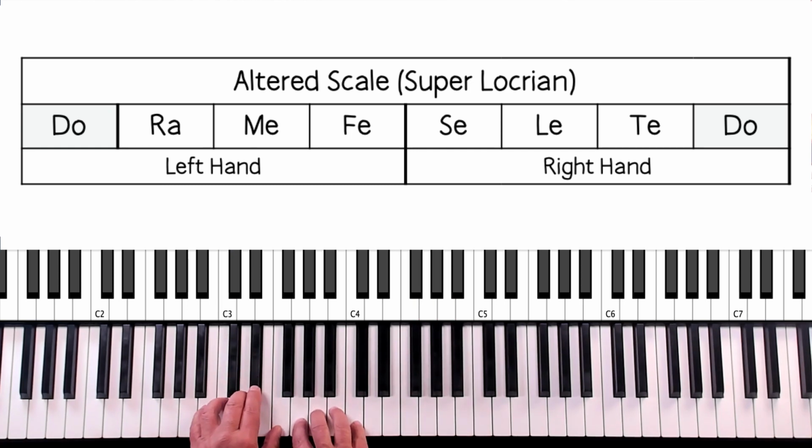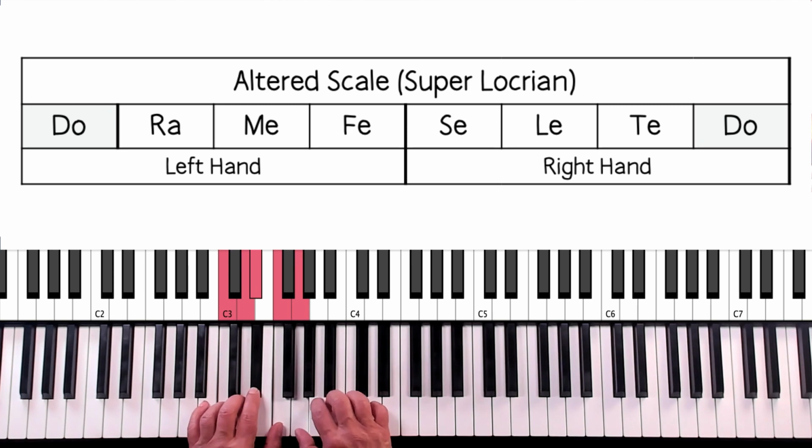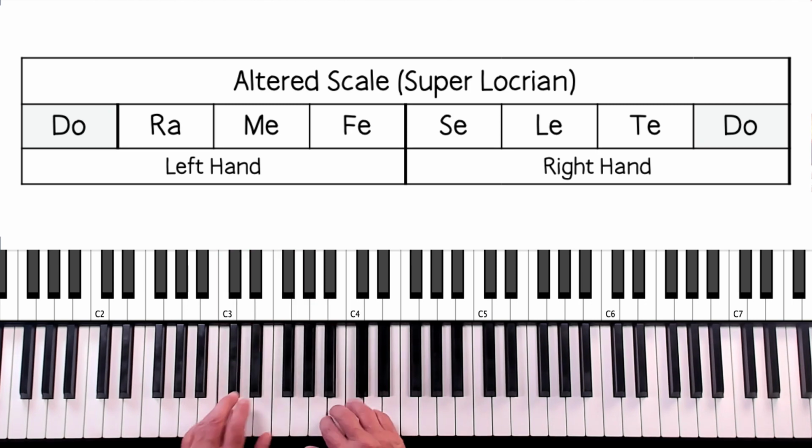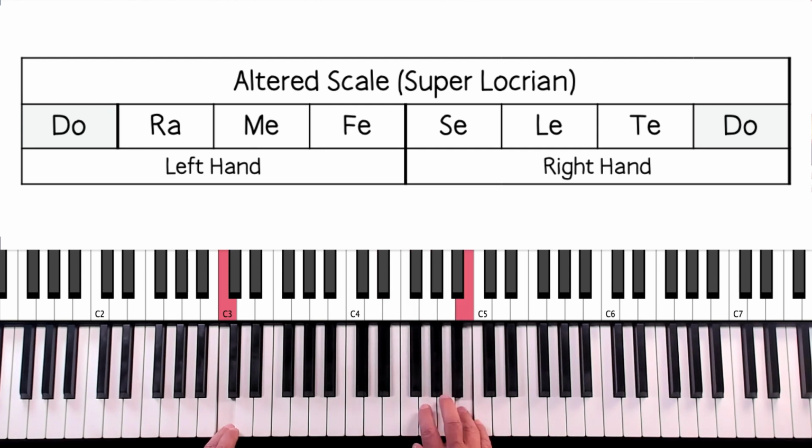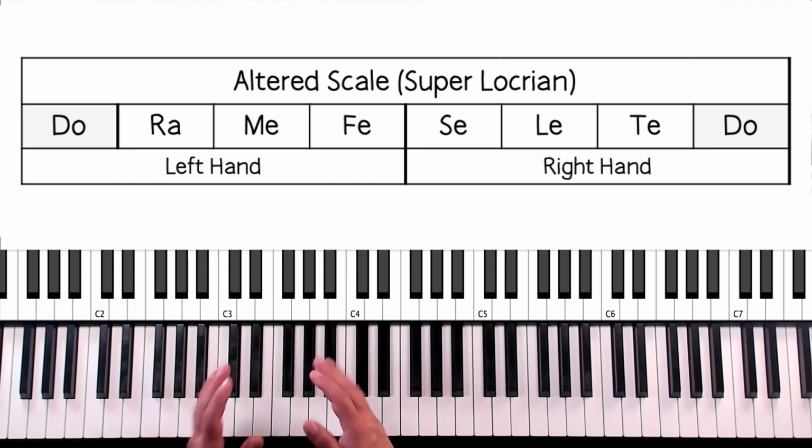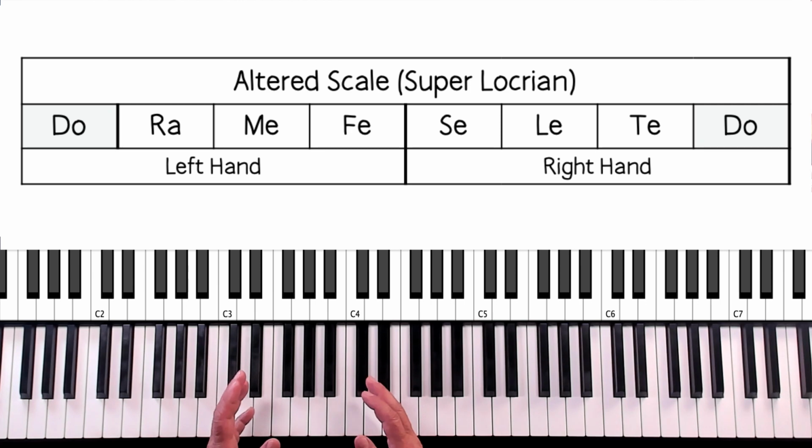Nevertheless, if we have a C melodic minor scale, do, re, mi, fa, sol, la, ti, do, the mode on the seventh degree, we call it an altered scale, but in 20th century classical music, they call it a superlocrian. So Locrian mode, 7th degree on major modes, superlocrian, 7th degree on melodic minor modes.